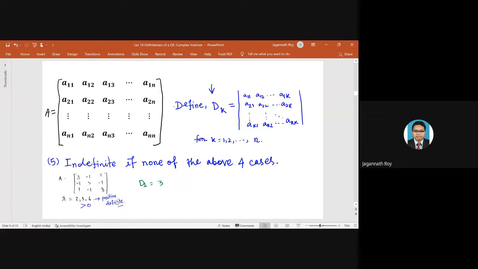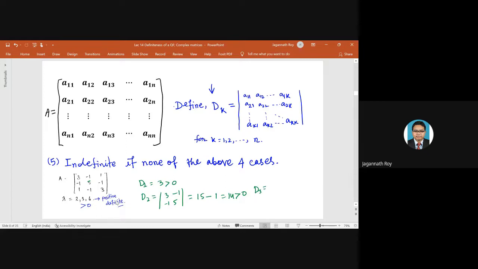D1 is 3, greater than 0. What is D2? This is 3, minus 1, minus 1, 5. So this is going to be 15 minus 1, so this is 14, greater than 0.